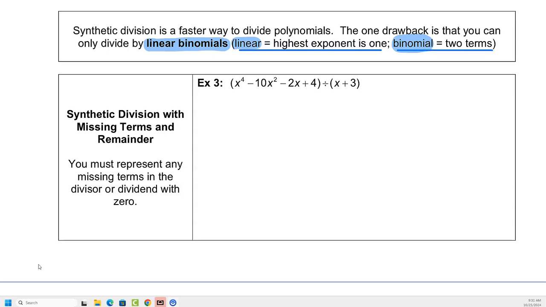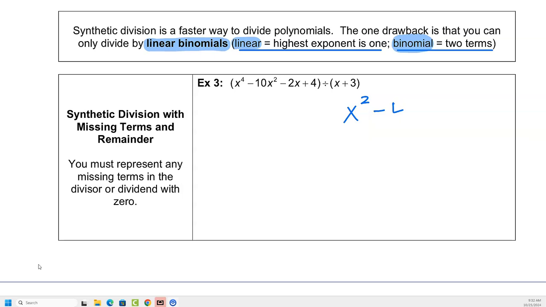Remember on last night's homework, or yesterday's notes, didn't we have a problem where the divisor, what was in this location, was like x squared plus 2x plus 1? Didn't we have something like that in our notes yesterday and even in our homework? And so that means you couldn't use synthetic division, okay? So it can only happen when you have a linear binomial. So binomial, 2 terms. Linear means the highest power is a 1. Because this is a binomial, right? X squared minus 4. But it's not a linear binomial because the power is 2. Get the idea?